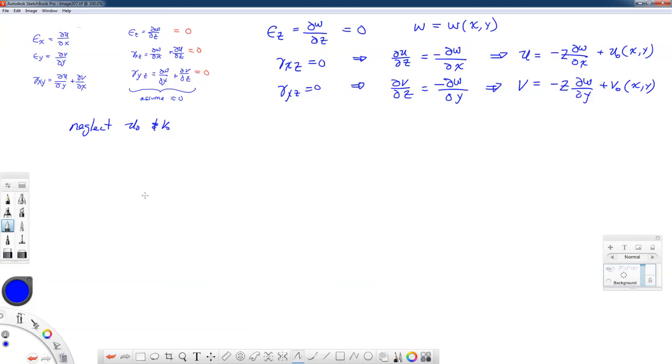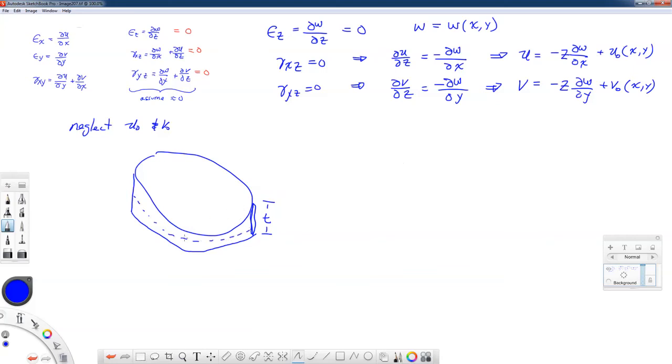Now let's draw a sketch of our plate, and we'll get some idea of what's going on here. So this is an arbitrary plate. In order to show this, I'm exaggerating the thickness. This dimension we'll call t. The midplane is where we're at right now.